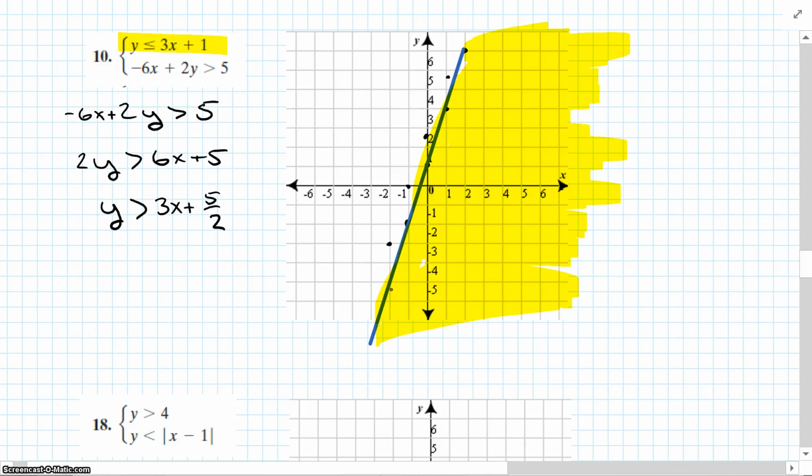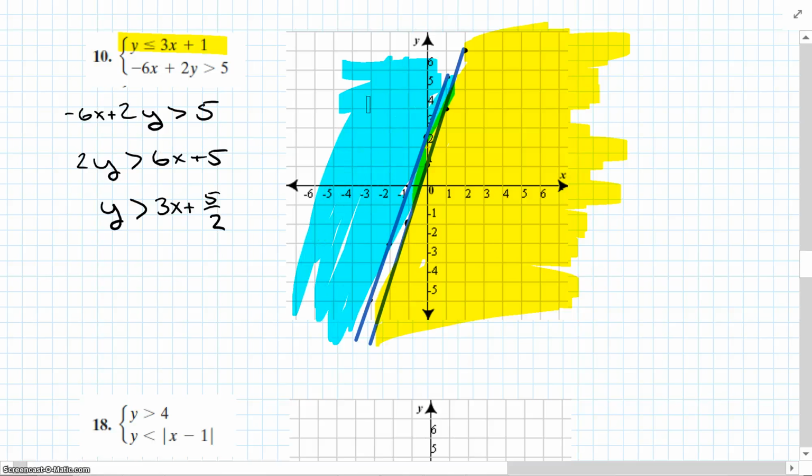Down 3, 1, 2, 3 over 1. Let's graph it. What do you notice? It's the same slope. It says y is greater than, so it would be above this. So if they never intersect, no solution.